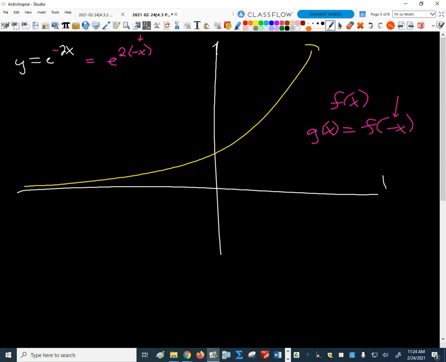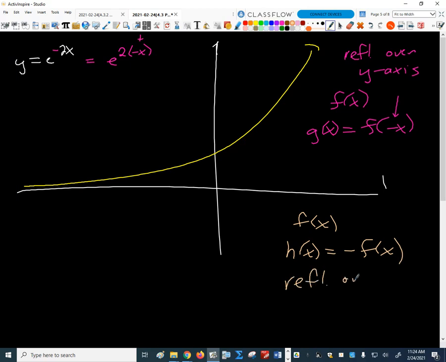When we do something like this, that's reflection over the y-axis, whereas if we have a parent function f of x and h of x is negative f of x, well, that's just a regular old reflection over the x-axis, right?